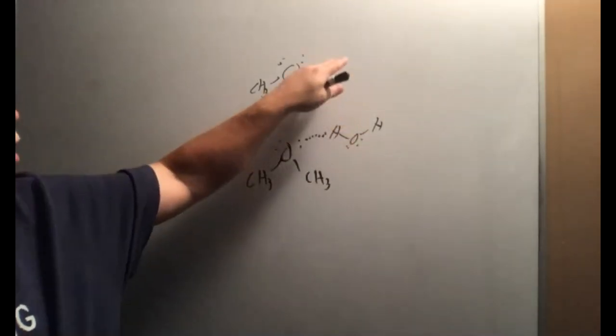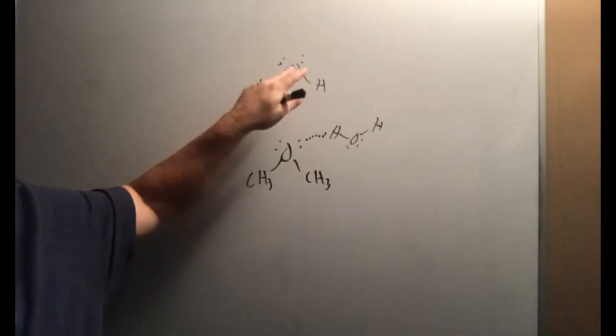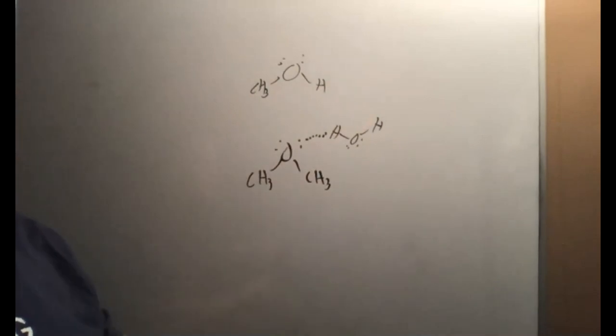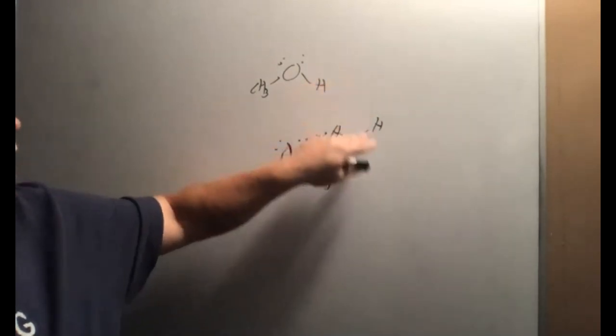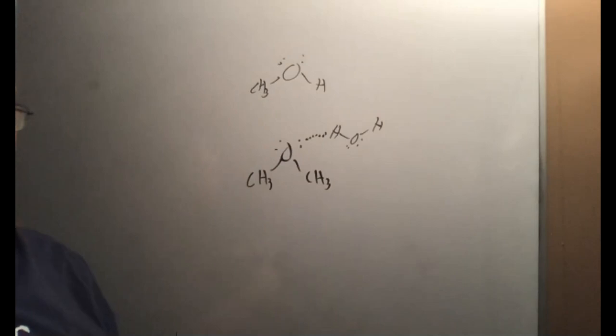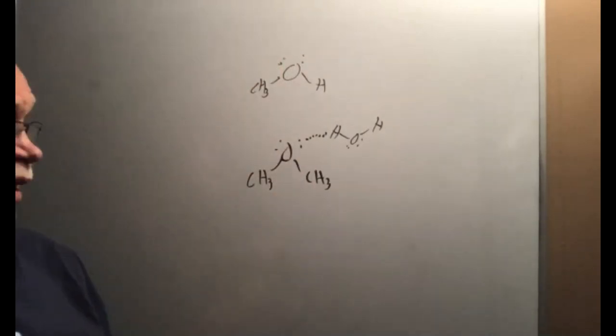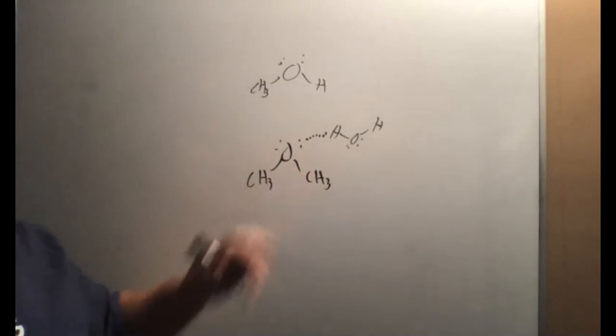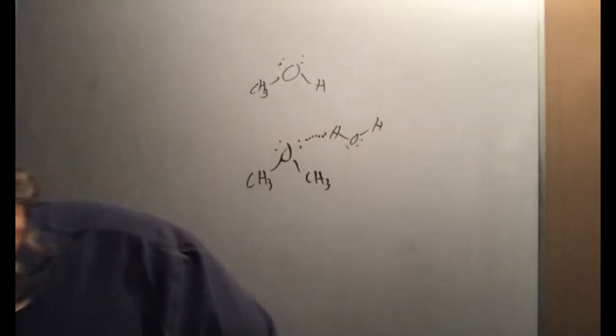Notice the alcohol can hydrogen bond the same way, but it can also hydrogen bond with the hydrogen on the alcohol with the oxygen on the water. So notice alcohols can hydrogen bond much more effectively. Okay, so this ether can hydrogen bond with water, but it can't hydrogen bond with itself.